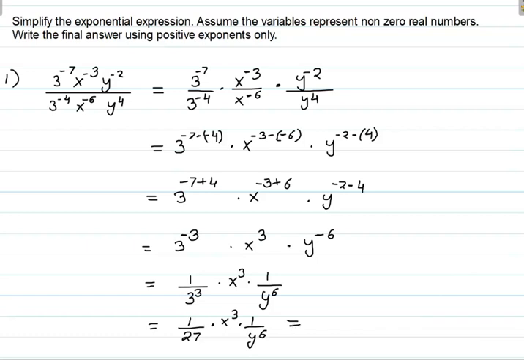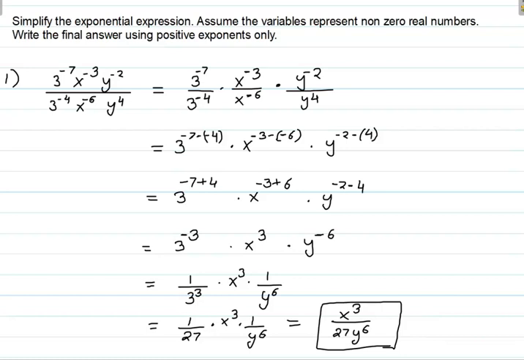And let's combine them and write them together. We get x cubed over 27y to the 6. So this was the answer for this problem, and you can see that the final answer is written using positive exponents only.